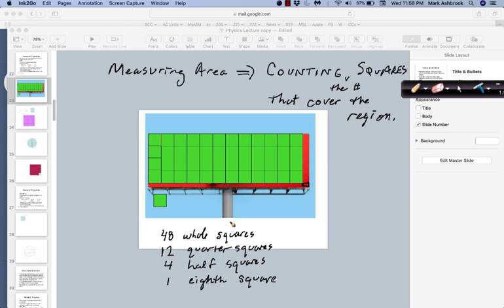So here we go. If we want to get the area, then we're going to do 48 plus 12 quarter squares. So 12 times 1 quarter plus 1 times 1/8.